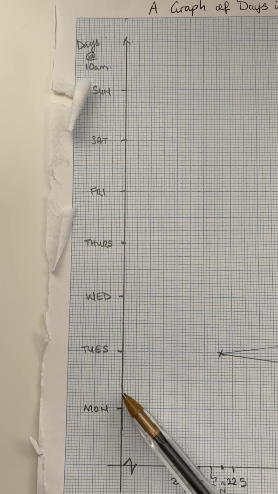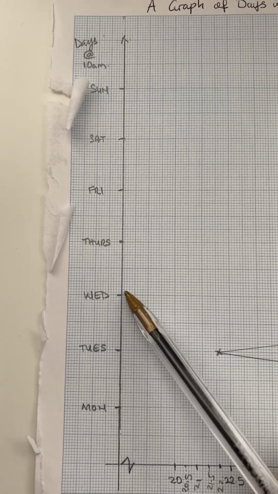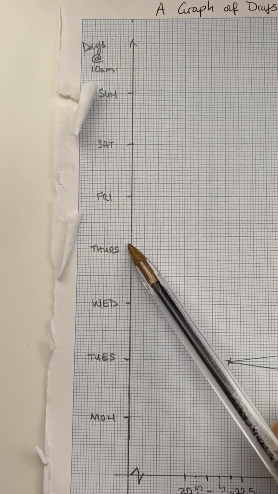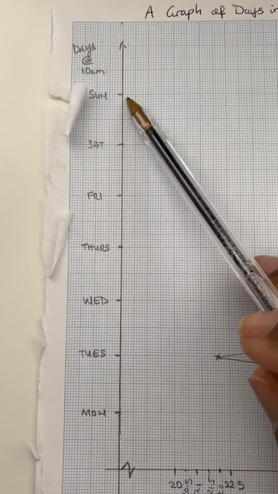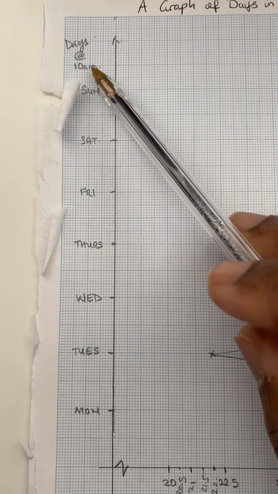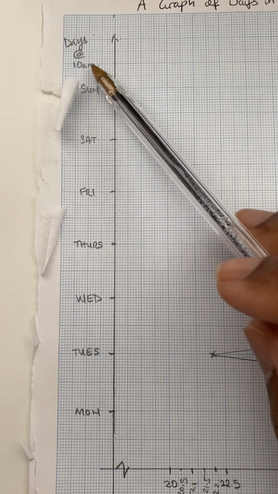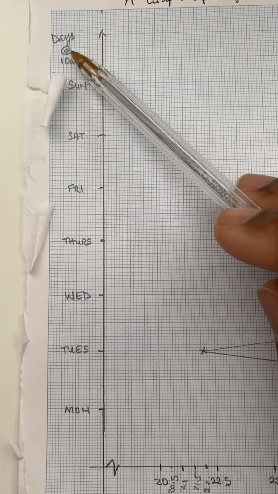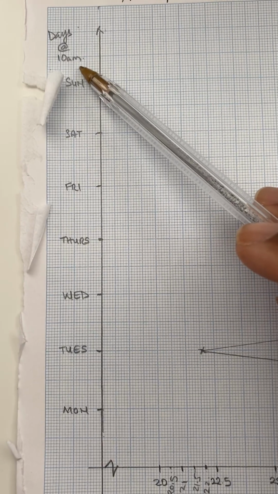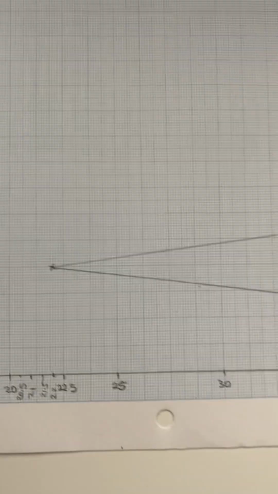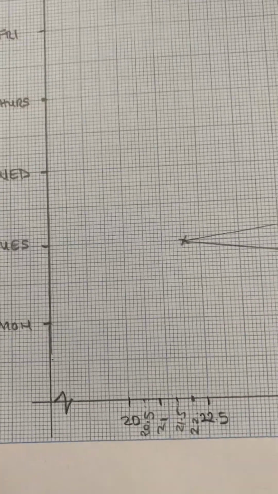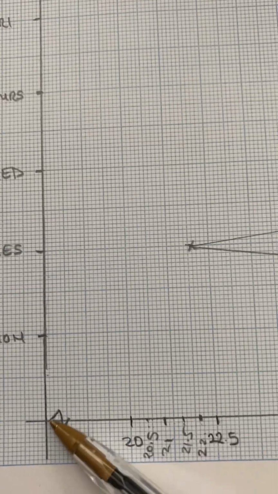So Monday, Tuesday, Wednesday, Thursday, Friday, Saturday, Sunday, and I labeled it. You need to label your graph. So days at every 10 a.m.